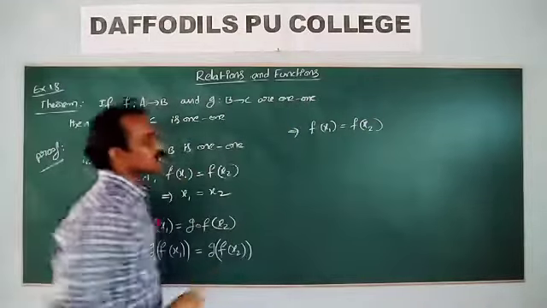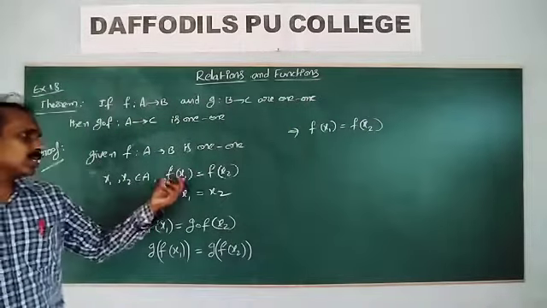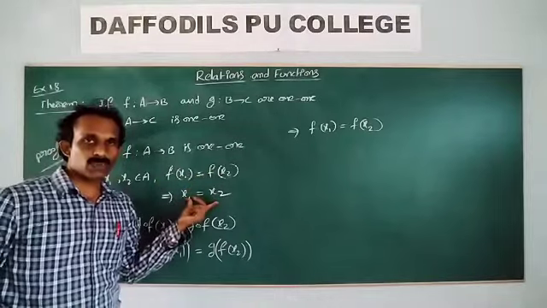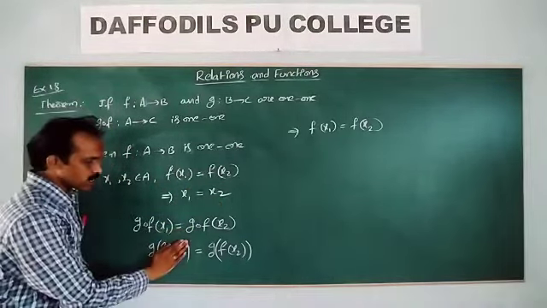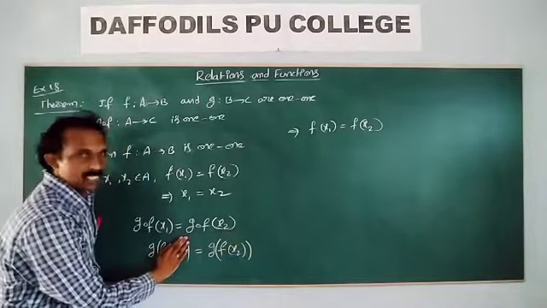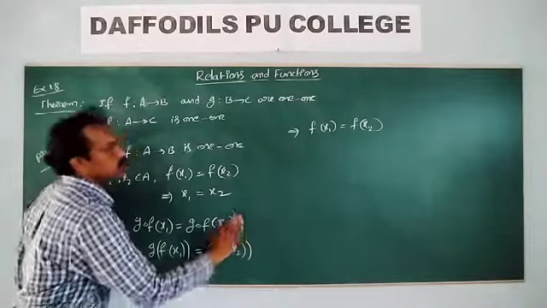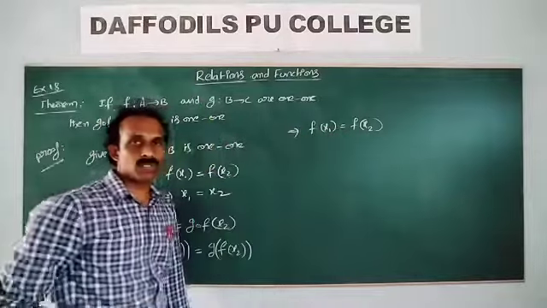Why? Because g is one-one. Here, if you treat this as x1 and this as x2, g of x1 is equal to g of x2 then implies that f of x1 is equal to f of x2.